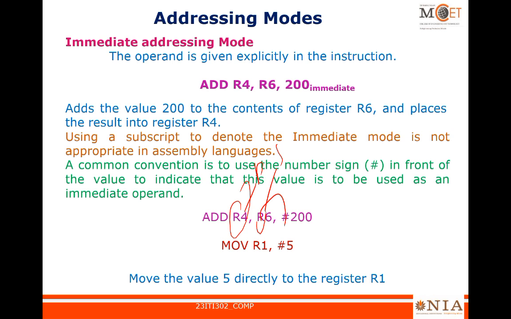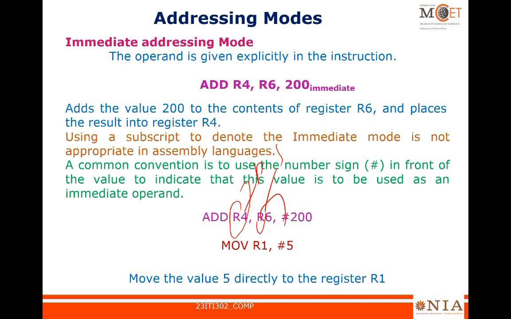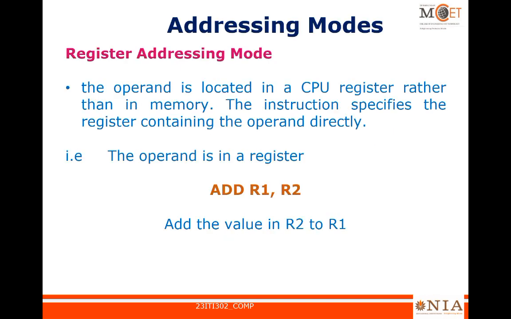The next addressing mode is the register addressing mode. Here the operand is located in a processing unit register, rather than accessing the main memory.